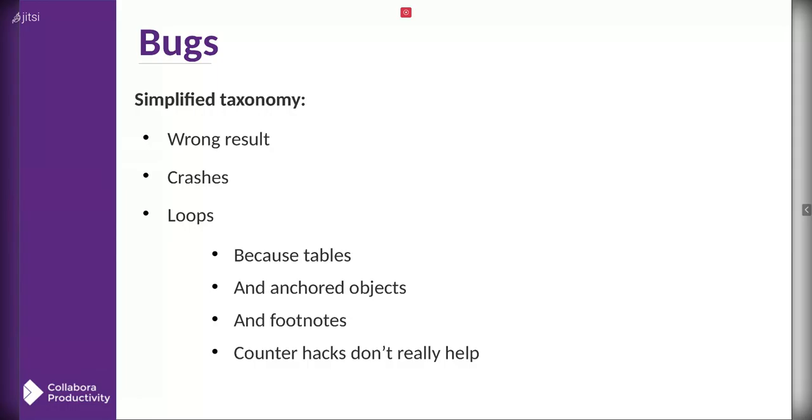These tend to be the easiest ones to figure out, although easy in layout is always relative. And then a very large category of bugs is that the layout somewhere goes into an infinite loop, or just does the same thing over and over again without ever coming to a result.